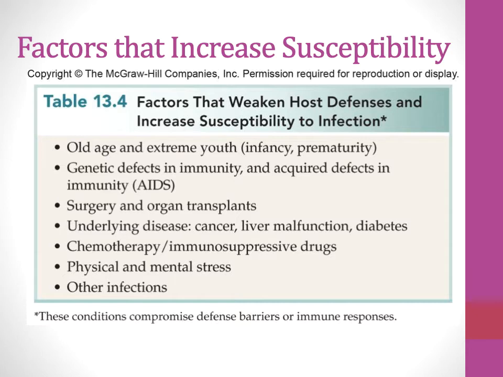With antibiotics, if we take an antibiotic, we're actually selecting for ones that are resistant, that the antibiotic doesn't work against, so that could increase our susceptibility. Also, if we have certain underlying conditions like cancer, liver disorder, or diabetes, again, these alter our immune response, and so it affects our ability to respond.